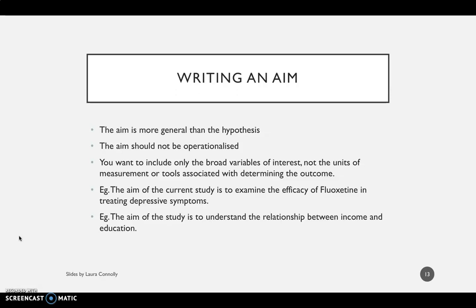So an example of this might be, the aim of the current study is to examine the efficacy of fluoxetine in treating depressive symptoms. So note that we haven't prescribed the dosage or the unit of measurement for the medication. So we haven't said 5 milligrams or 10 milligrams, for example. Equally, we haven't described the questionnaire used to measure depressive symptoms.